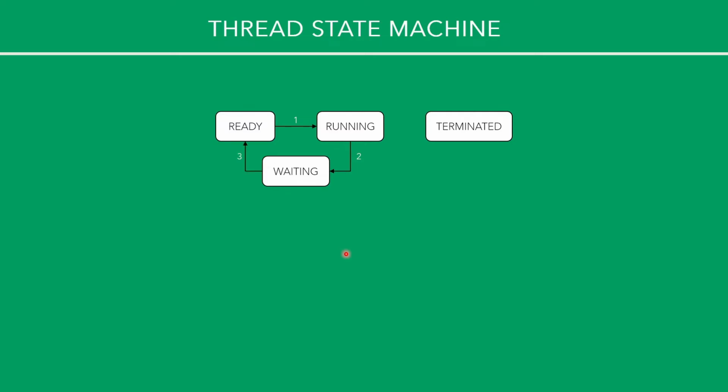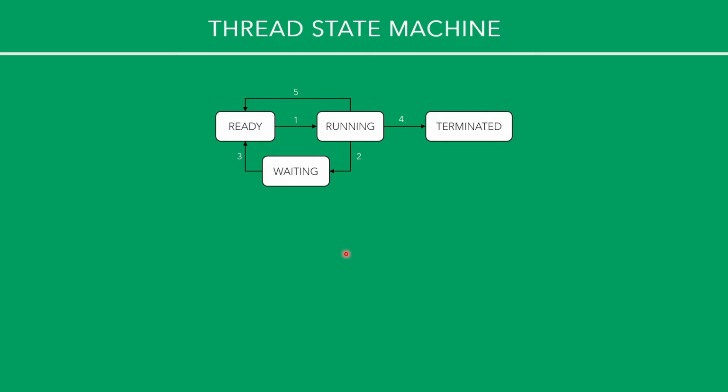Waiting to ready: after the IO is over, the thread comes back to the ready queue. Then the scheduler will send it to the CPU at the right time. A thread, after completing its process, will move from running to terminated state.